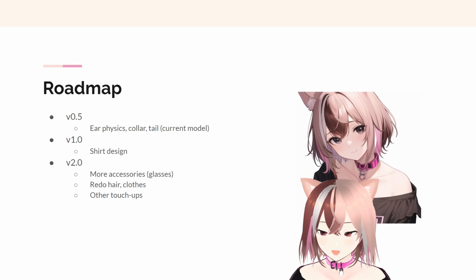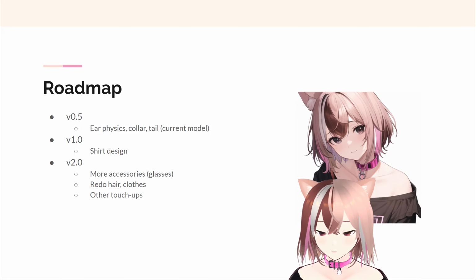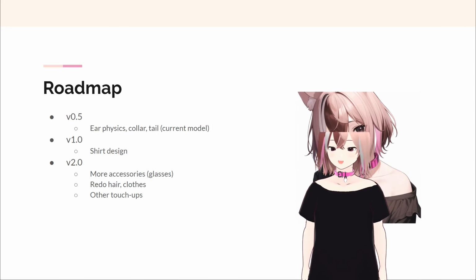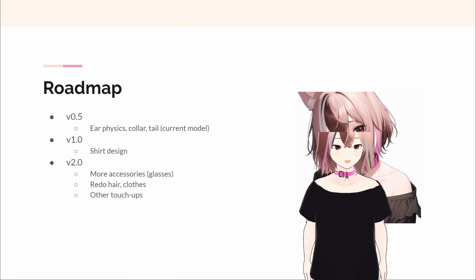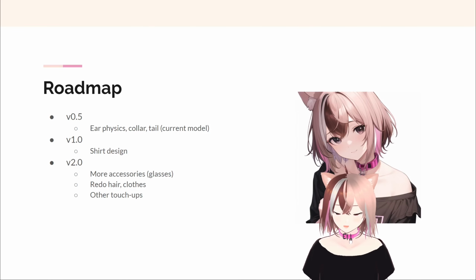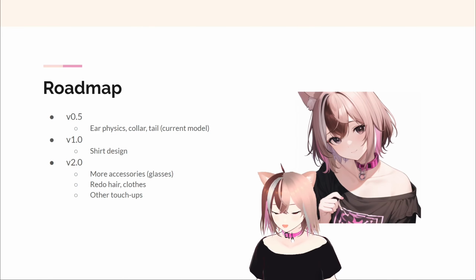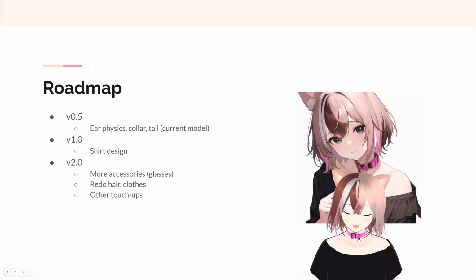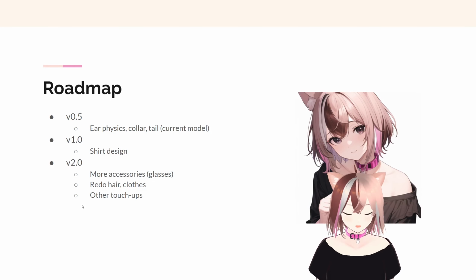And the clothes. This shirt is kind of loose, but it's not really flowy like how the original PNG is. So that's what I'm looking for. And other touch-ups, yeah.